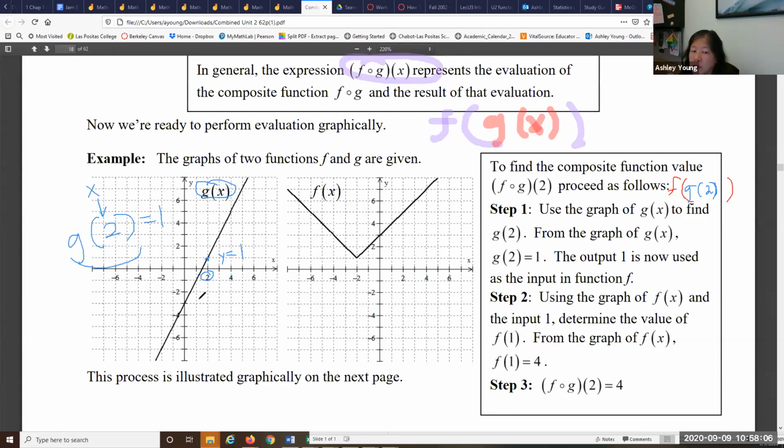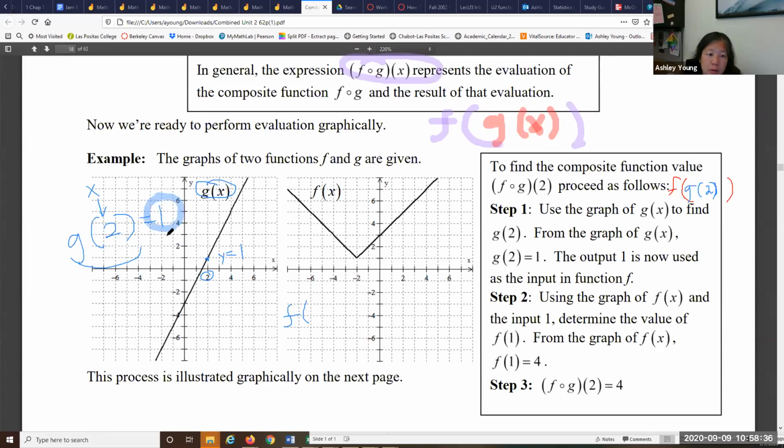Is everybody following that okay? We did this before earlier with the function homework. You're just finding the y for the x. Now we're doing it again, but in 2 parts. So this is the first part. My g of 2 is 1. That's what I'm going to throw into my f. So now I'm going to do f of 1.